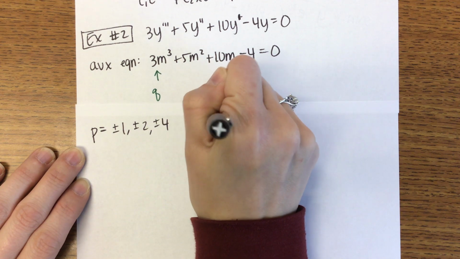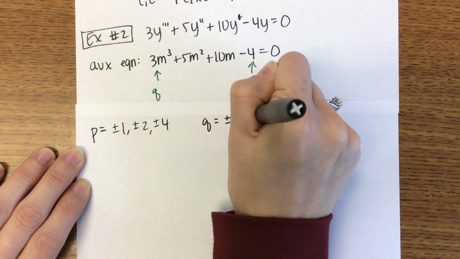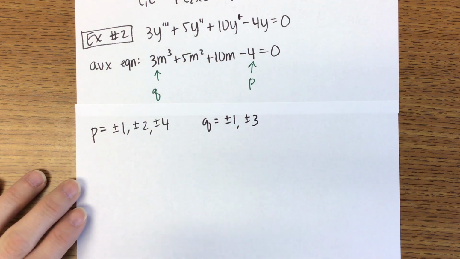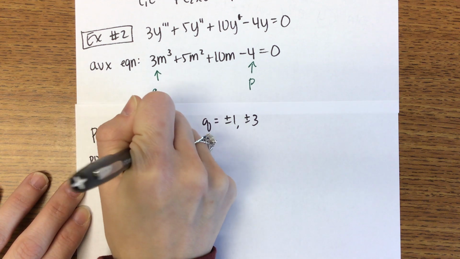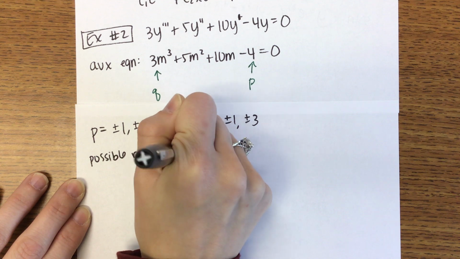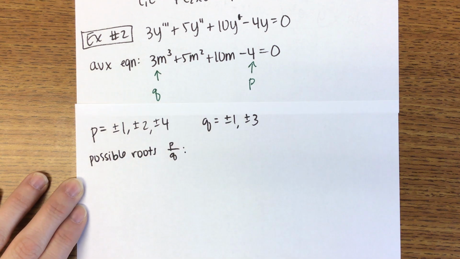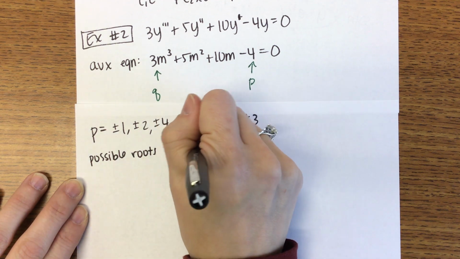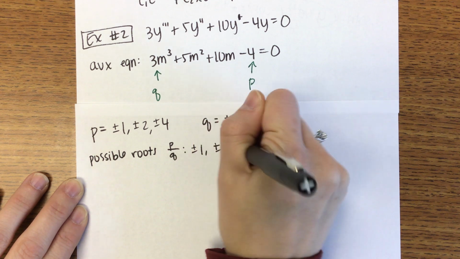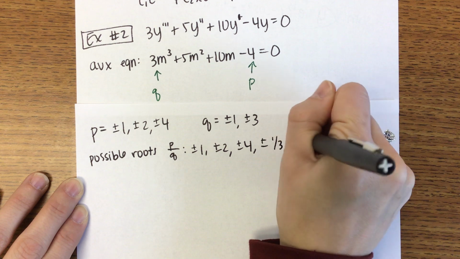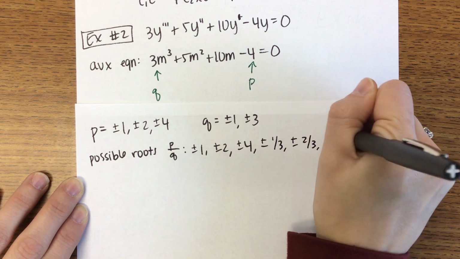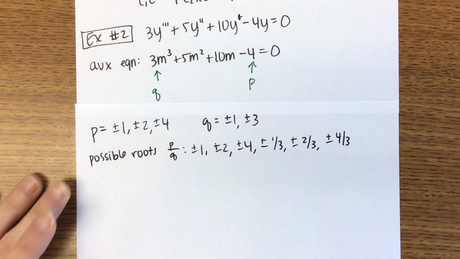You find all the factors of Q: plus or minus 1, plus or minus 3. The possible roots then are P divided by Q. So we have plus or minus 1, plus or minus 2, plus or minus 4, plus or minus 1/3, plus or minus 2/3, plus or minus 4/3.